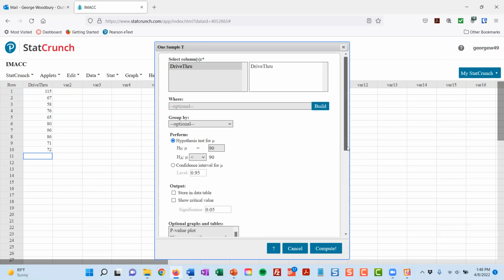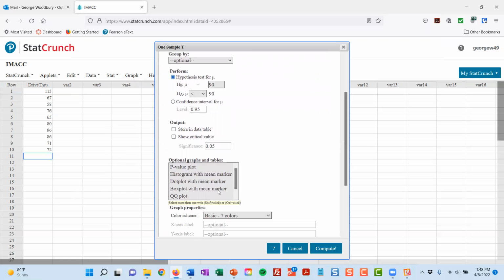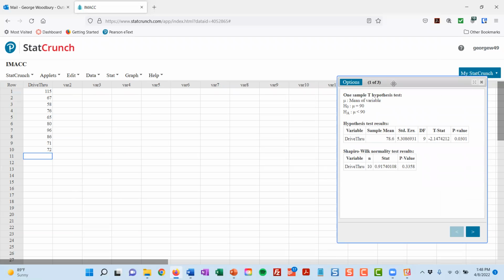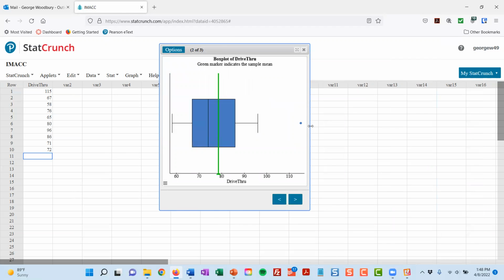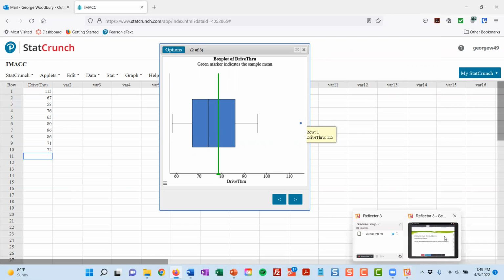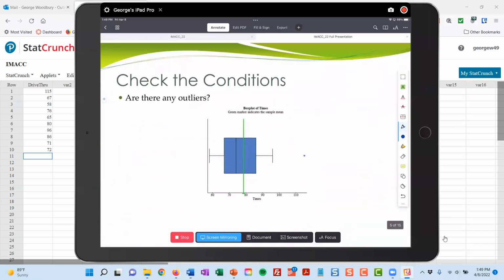I can check the conditions at the same time by going from box plot down, adding those in. When I get these results, the normality checks out, but there's an outlier in this set of data. The first value, 115 seconds, is an outlier. That tells us that we're not supposed to use this test.